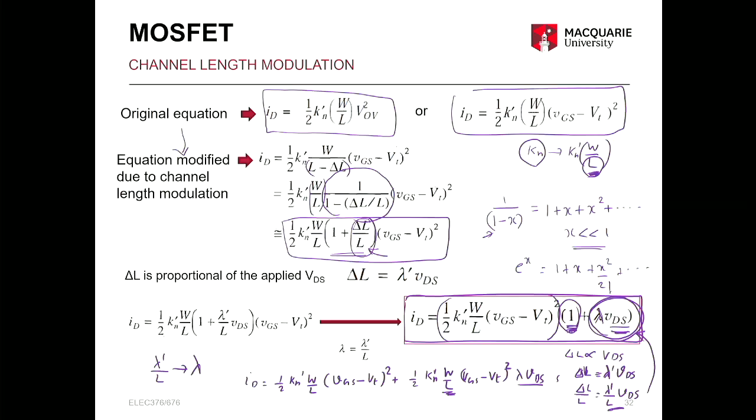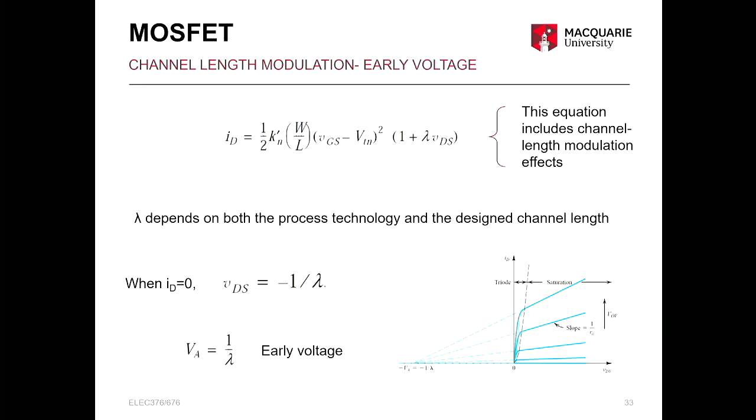So in the problems, how it is going to be asked is you are given the early voltage, say 200 volts. You need to find the output resistance. Okay, how do you find it? If you know the early voltage, how do you find the output resistance?